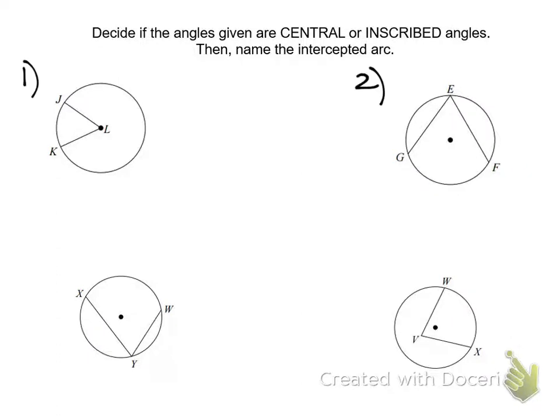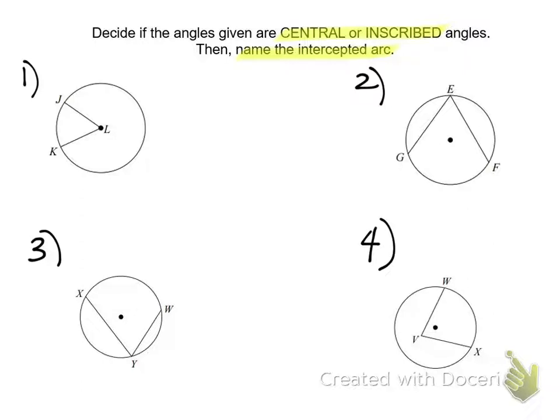So this is 1, this is 2, this is 3, this is 4. You're going to tell me two things. You're going to decide if they're central or inscribed, and then you're going to name the intercepted arc. So you're going to do two things for each of them, but do them one at a time. Start with number 1. Tell me if it is central or inscribed, and then name the intercepted arc.